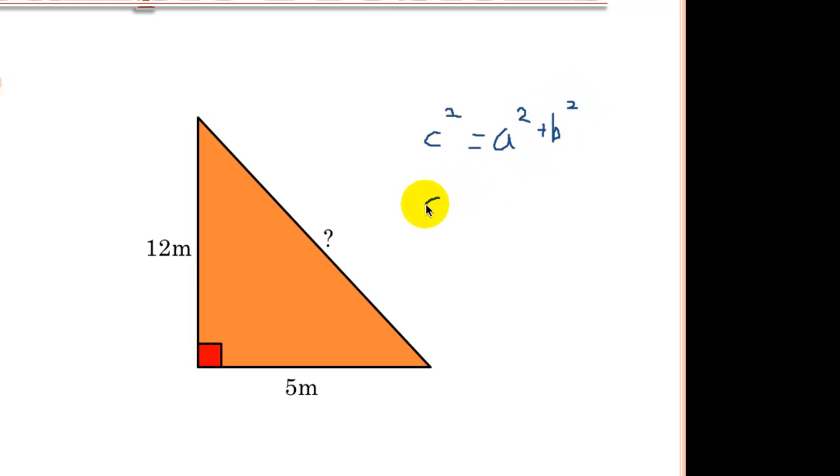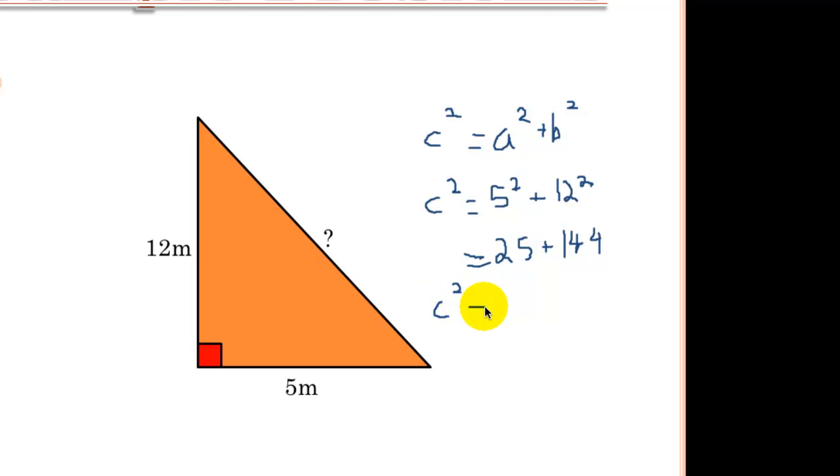Now we write c squared and we replace the values, so 5 squared, which is equal to 25, plus 12 squared, which is equal to 144. So the sum, c squared, would equal 169.